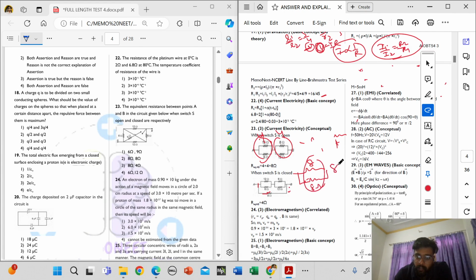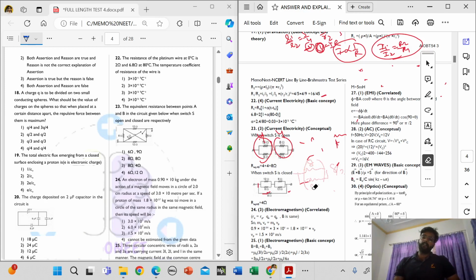These are in parallel, so 8 by 2 will become 4. Simple question. Just analyze the figure, keep calm, and see the figure. Then you will solve it easily.